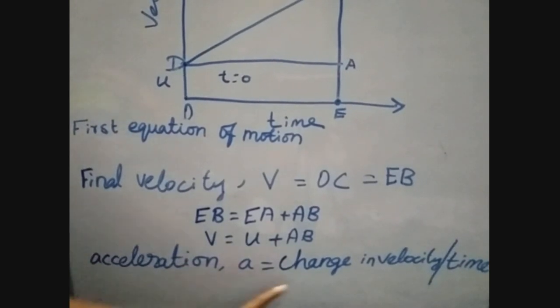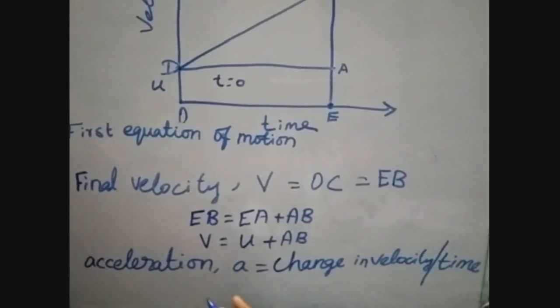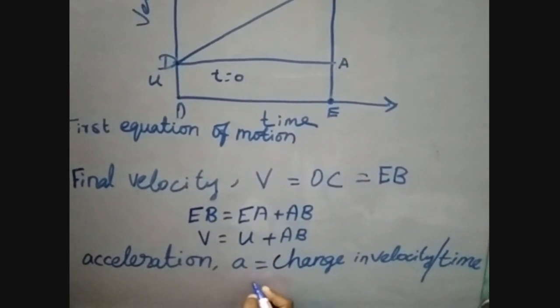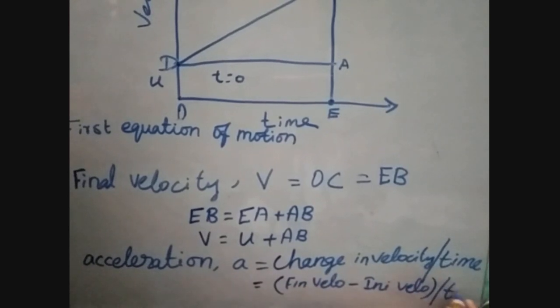Acceleration a is equal to change in velocity by time. What's the formula for change in velocity? Final velocity minus initial velocity. Change in velocity means final velocity minus initial velocity, divided by time.